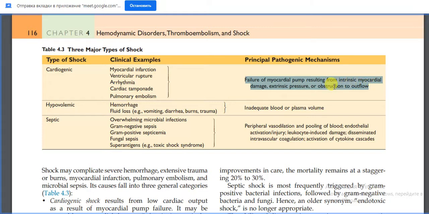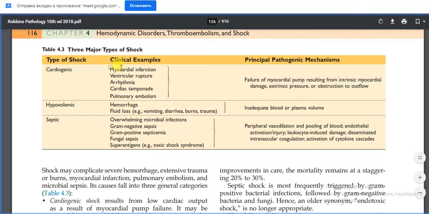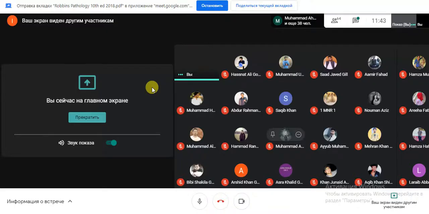Especially you will encounter myocardial infarction and arrhythmia, usually accompanying this shock, and you have to deal with it, because you can help your patient in these conditions. In cardiac tamponade also, if you don't remember, what is cardiac tamponade?